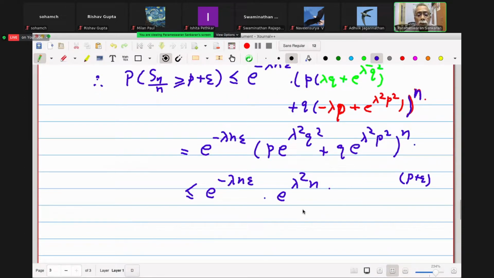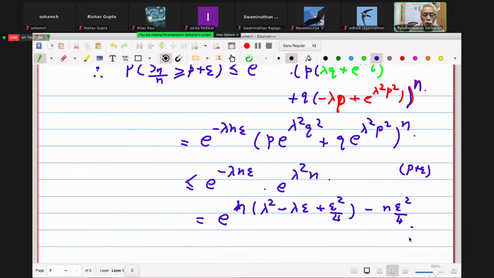Okay, super. So now we can simplify this. This is equal to e power. So you see, I write here lambda. So n is common. I write lambda square minus lambda epsilon. So I add and subtract epsilon square by 4. So minus n epsilon square by 4.